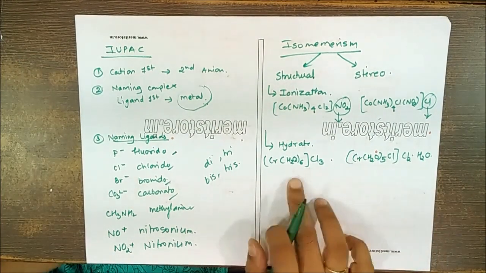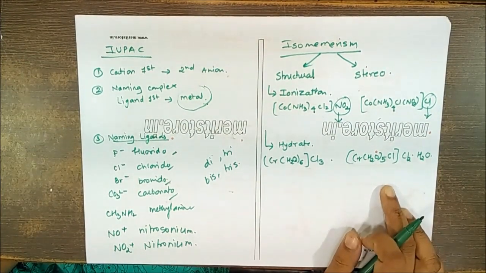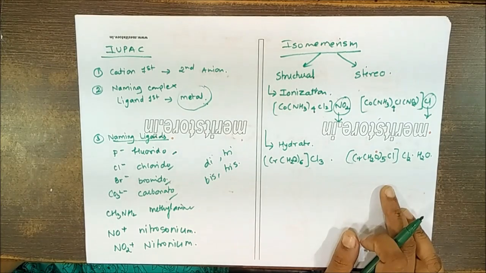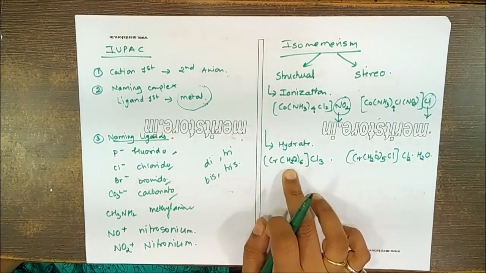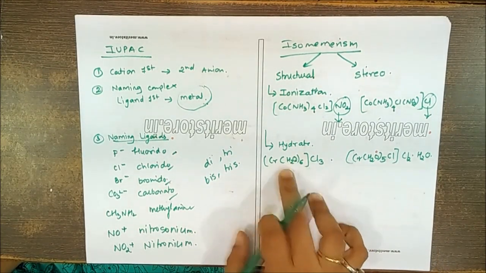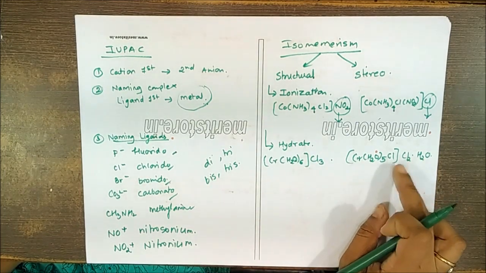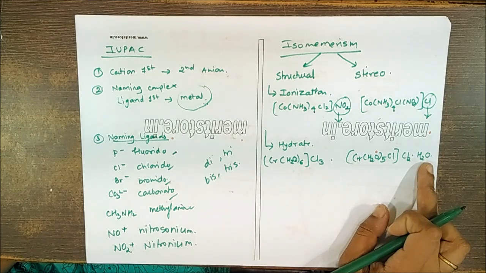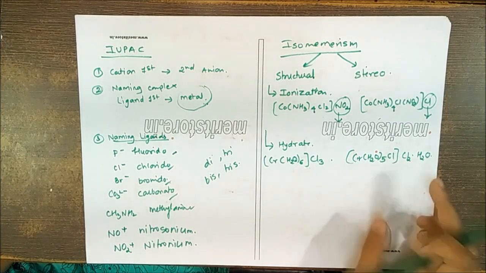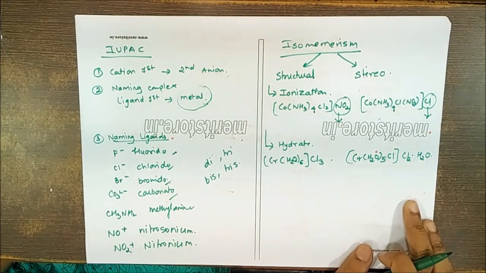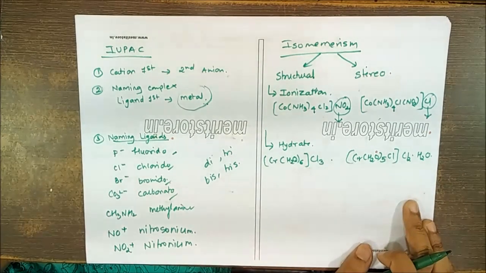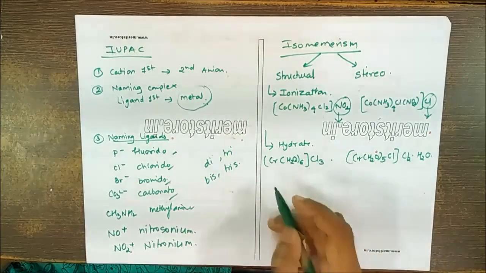Now when we talk about these two particular complexes, they have different positions of water molecules. If you look at this, all water molecules are present in the coordination sphere, while here one of the water molecules is outside the coordination sphere. So when this is dissociated, they will create a different number of solvent molecules, and that's why we call them hydrate isomers.